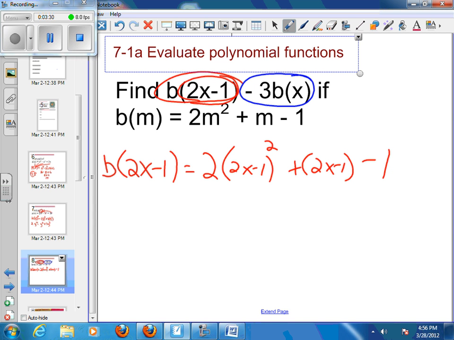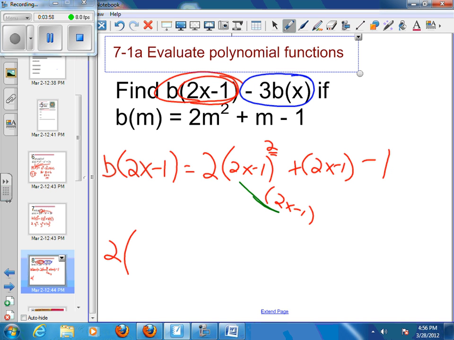And again, this is going to be on the slightly ugly, hairier side of things. So at this point, I see that I've got 2x minus 1 squared. And no, we can't just square the first term, square the second term. We have to actually FOIL this. So I tend to write a 2x minus 1 next to it to remind myself to FOIL because I have my square there. So I'm going to rewrite my 2 from the outside, and then I'm going to FOIL.